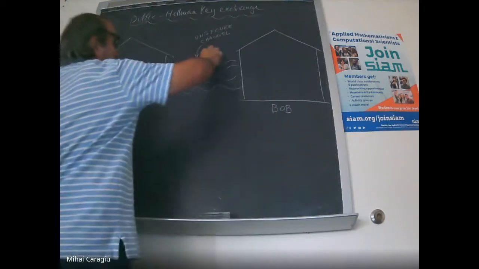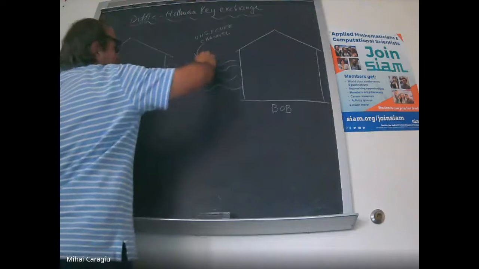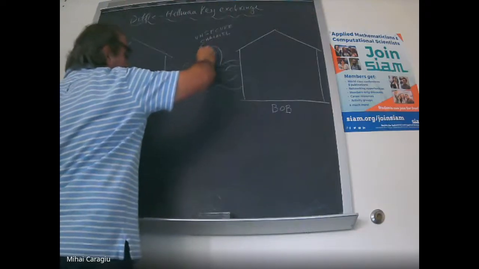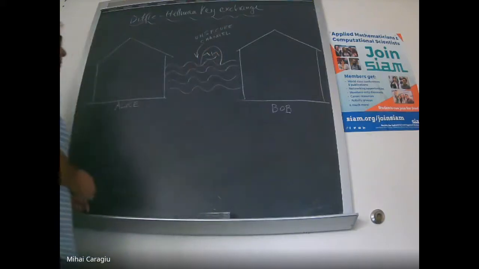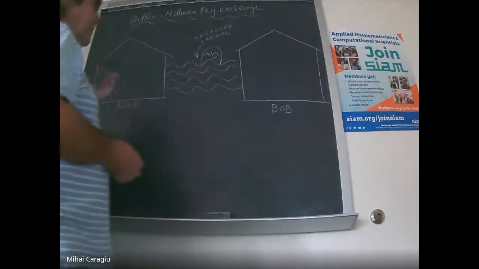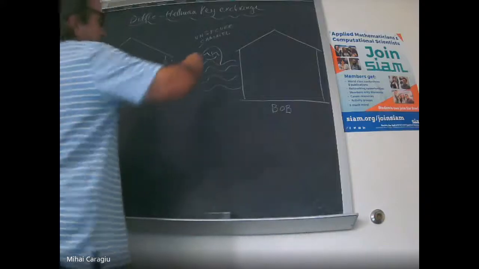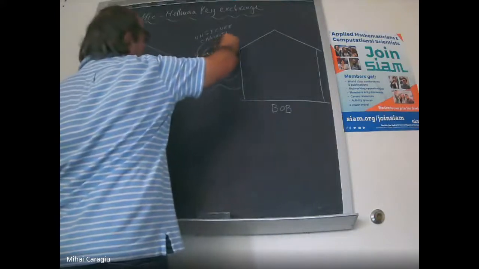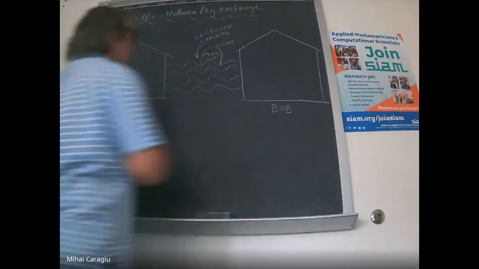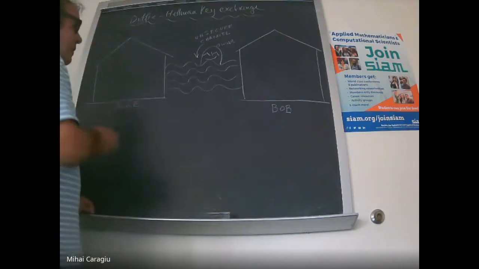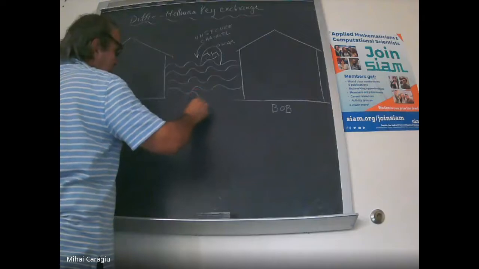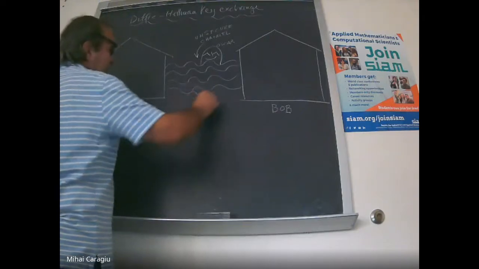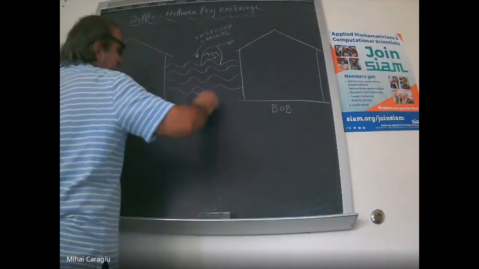So we could have one classical eavesdropper, the name is Oscar, which listens to the communication, and then we can have also Eve.